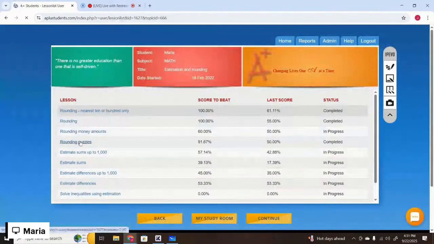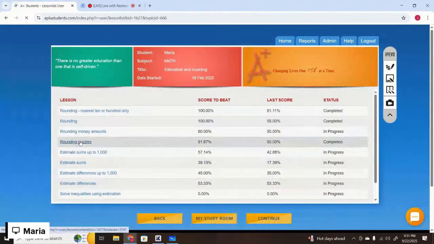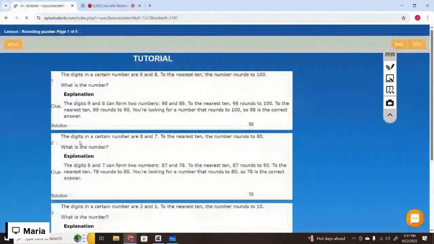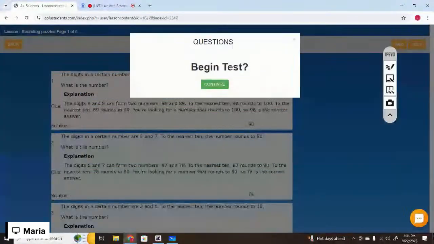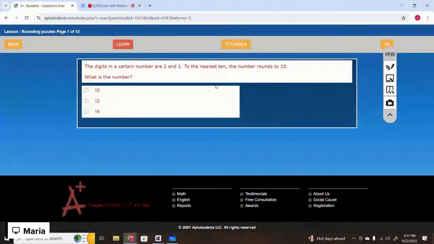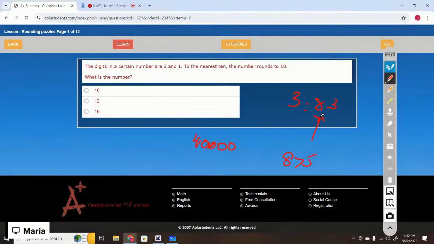The next one is rounding puzzles. Let's just start with the lesson. Let's just start with the test questions. The digits in a certain number are 2 and 1. To the nearest 10, the number rounds to 10. So we need to write down the number, right? We have the digits 2 and 1. You can write two numbers from 2 and 1. The first one is 12. The second one is 21. So to the nearest 10, the number rounds to 10.